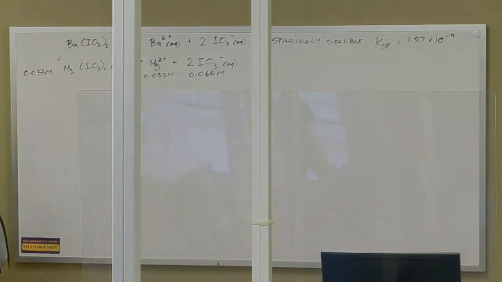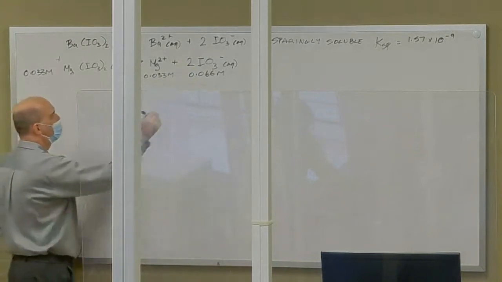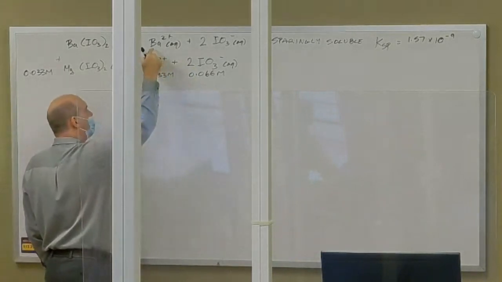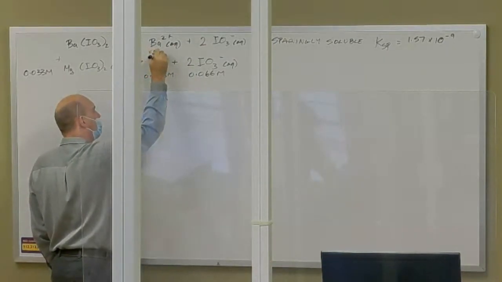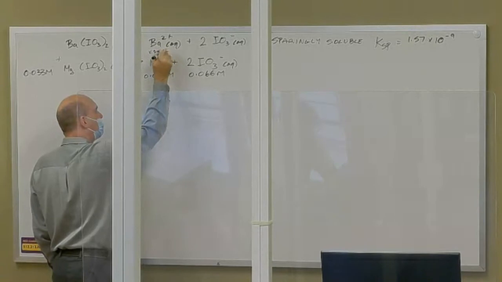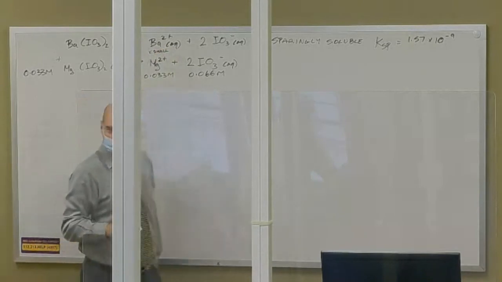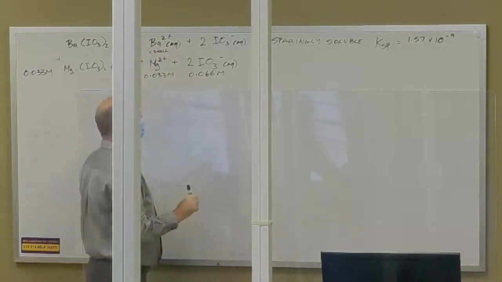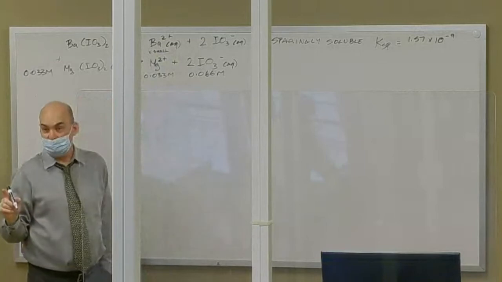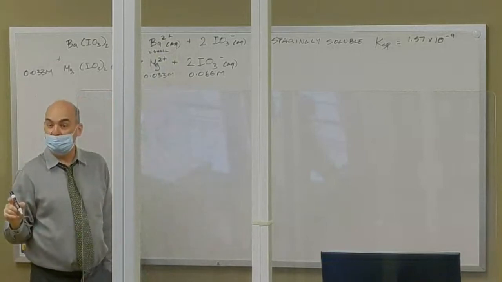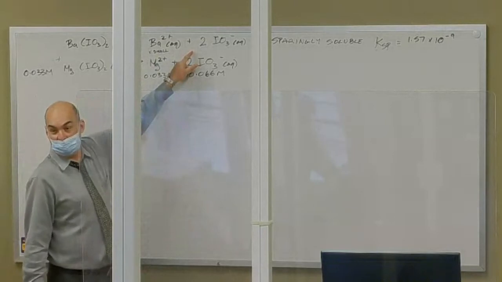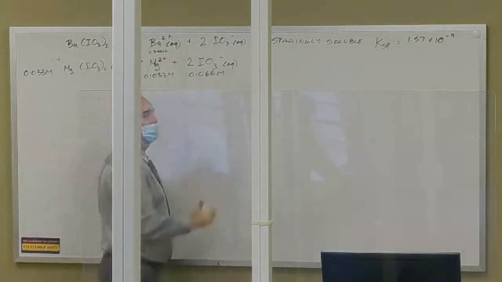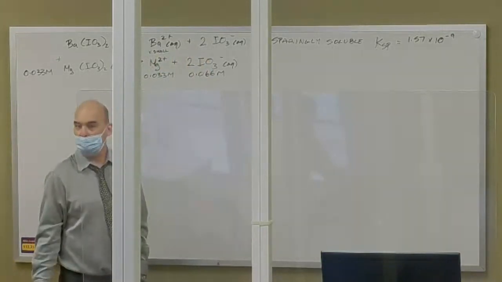the concentration of barium in my equilibrium solution is going to be very small. The concentration of iodate that's in the solution due to the barium iodate is going to be 2 times very small.